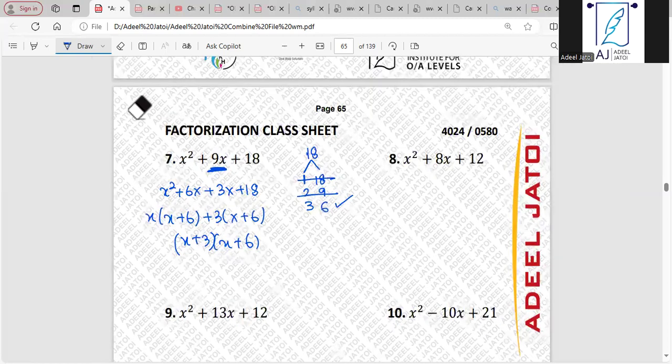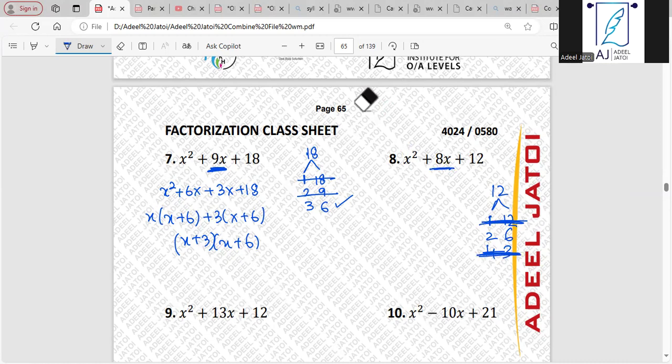Part 8. If we see, we have 1 again. 1 into 12 is 12. So we take factors of 12: 1 and 12, 2 and 6, 4 and 3. We need 8 in the middle, plus or minus. So 1 and 12 is not accepted, 4 and 3 is not accepted.